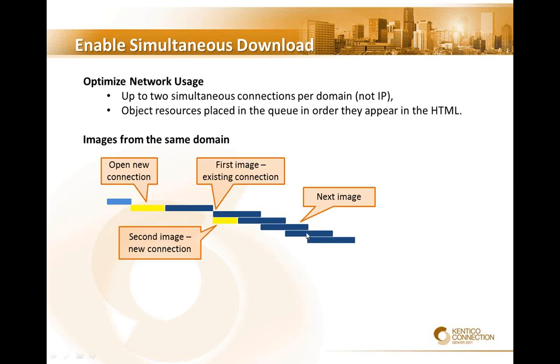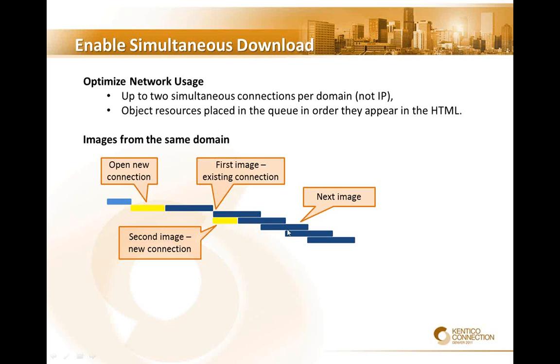The third image is not being retrieved until one of those 2 connections becomes idle or finishes downloading the previous resource. So when the first image is downloaded, the third image is downloaded using the existing connection.